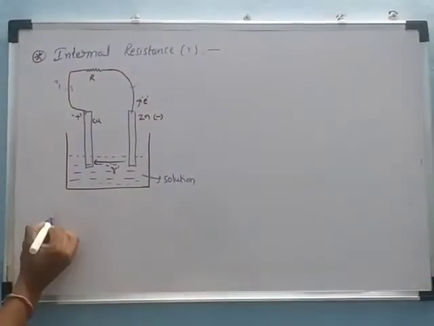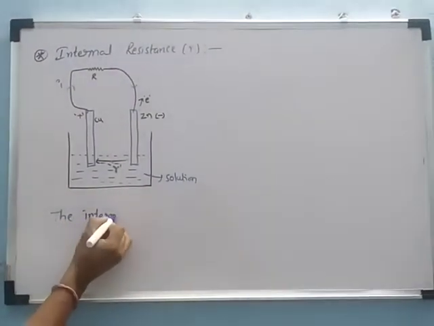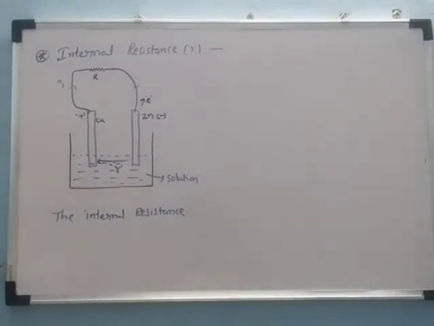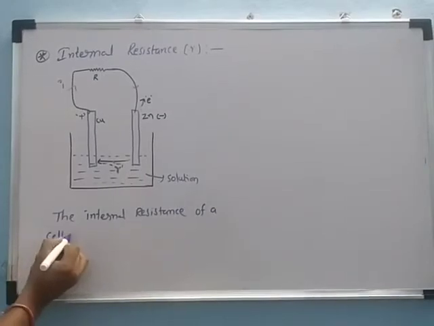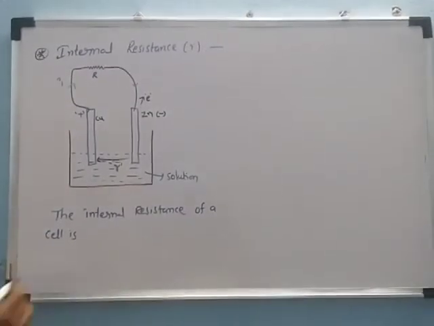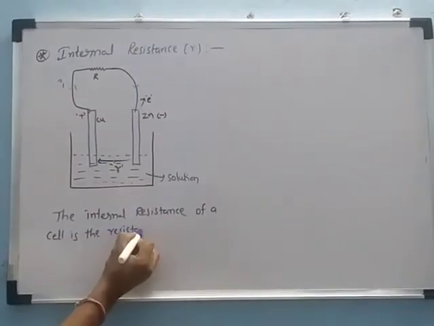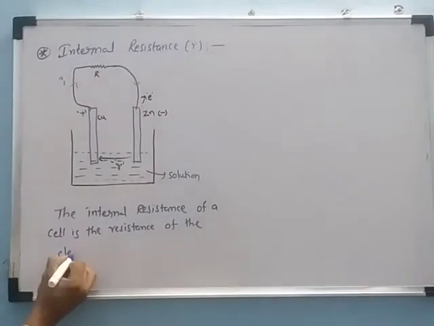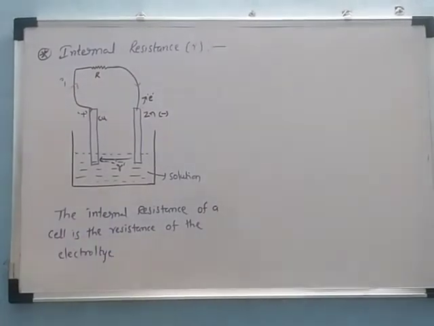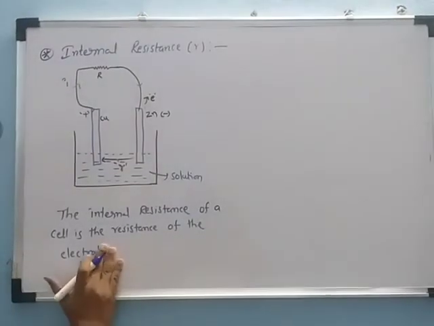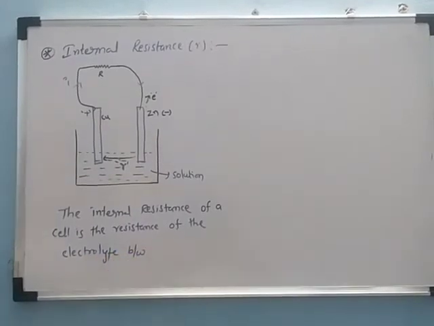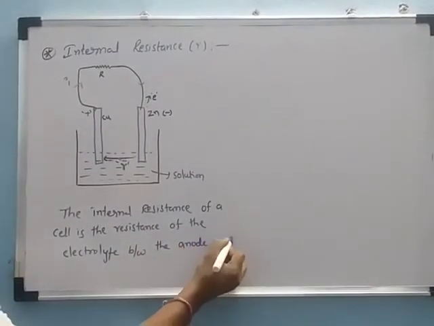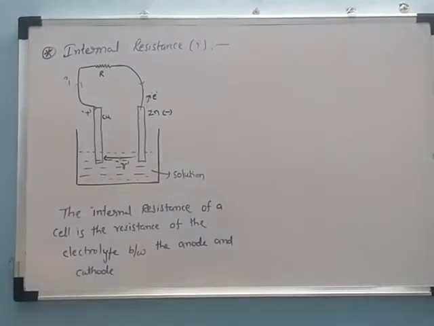The internal resistance of a cell is the resistance of the electrolyte between the anode and cathode.